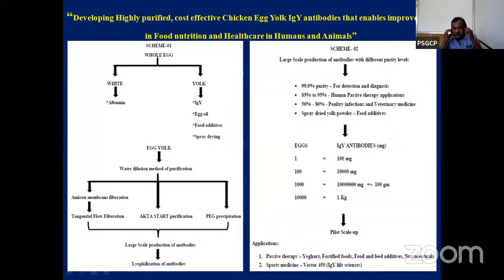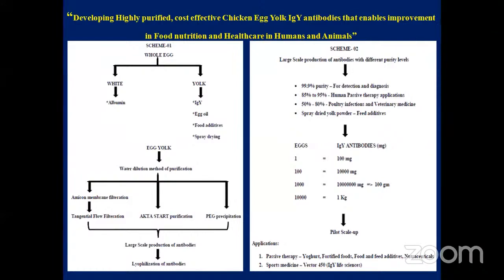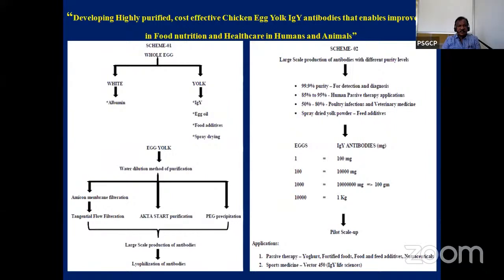Another project with a simple concept, we got this project under BIG, the Biotechnology Ignition Grant. Here, from all these years of experience, what we found is that these antibodies are an alternative to mammalian antibodies.